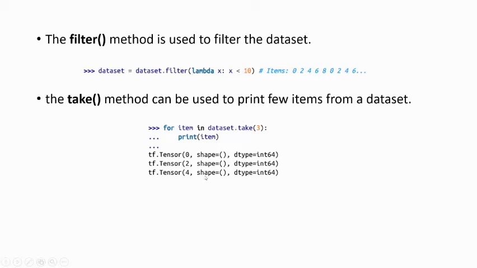Okay. So that's about the chaining transformation. In chaining transformation, we have seen repeat, batch, map, apply, unbatch, filter, and take methods. Using these methods, we can create a new data set and transform the data set.